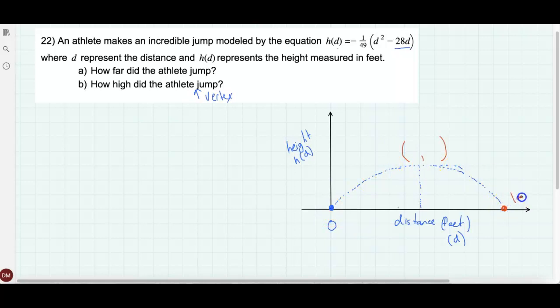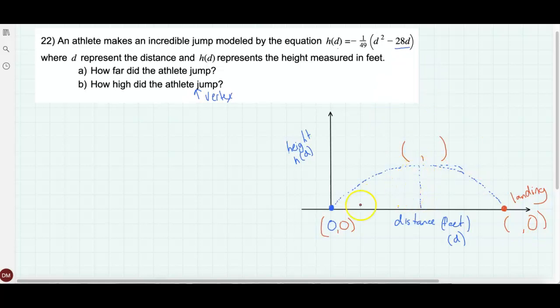This has a height of 0. We know this is 0, 0. But what is the distance? We don't know what the distance is, but we know the height is equal to 0, and that's really what we're trying to find.